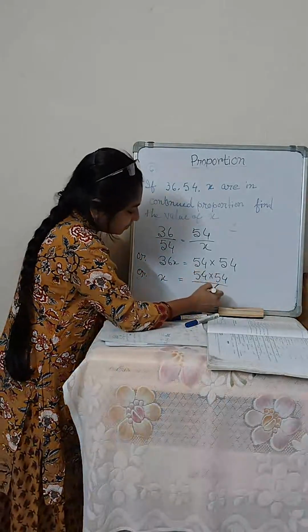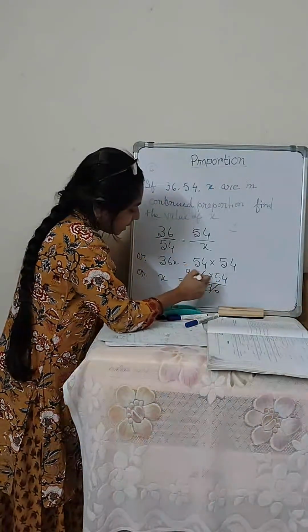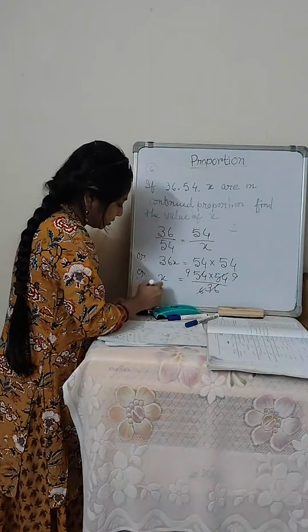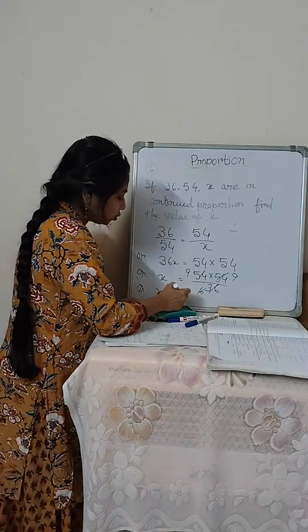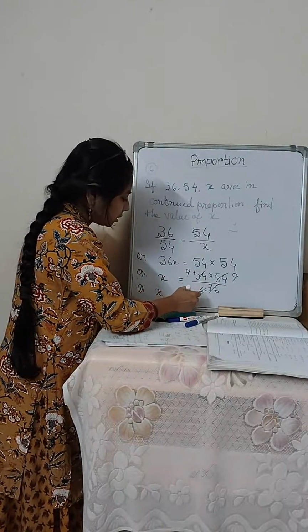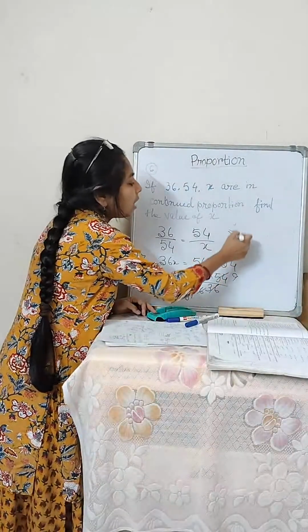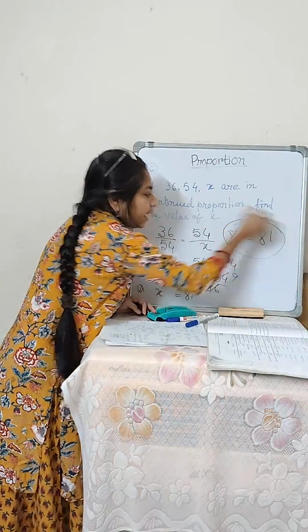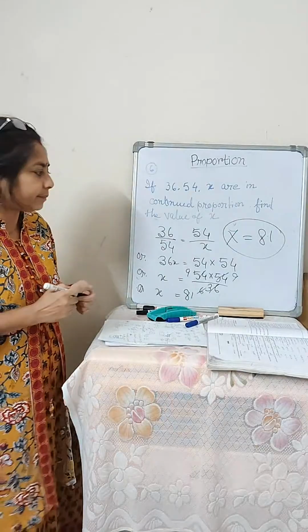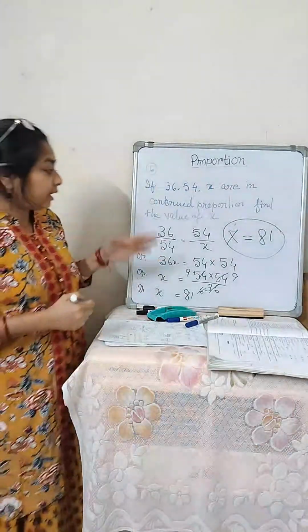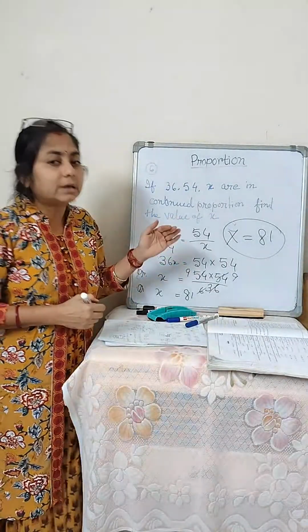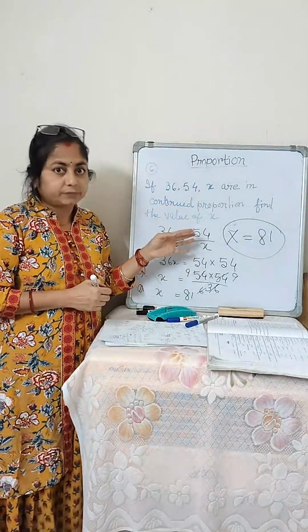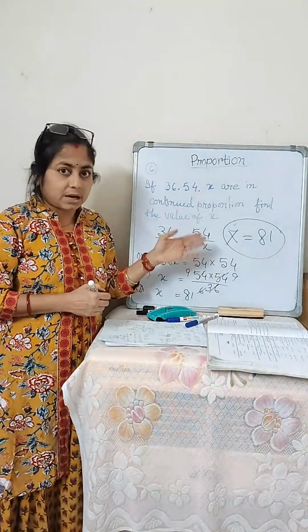I simplify by 6 and 9, it is 9. x is equal to 81. Our answer is x is equal to 81. Clear? If you find out the x value and x is the third part of the proportion, then it is coming in this way.